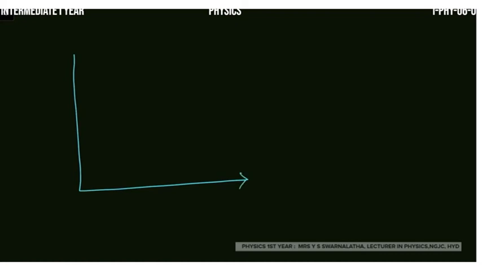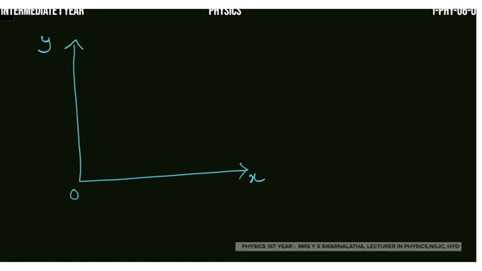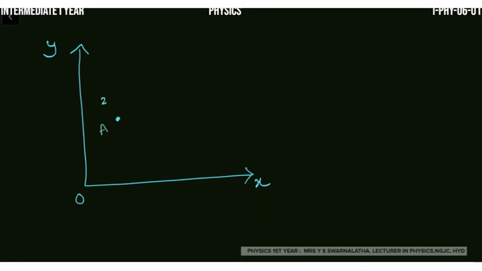Let us calculate the work done by a particle in space with respect to Cartesian coordinates in moving from one point to another point. Point A is given as (2, 3, 4).